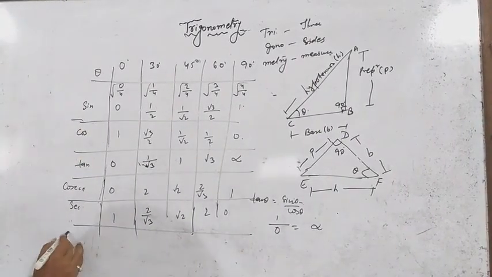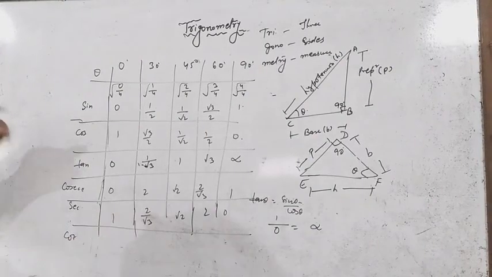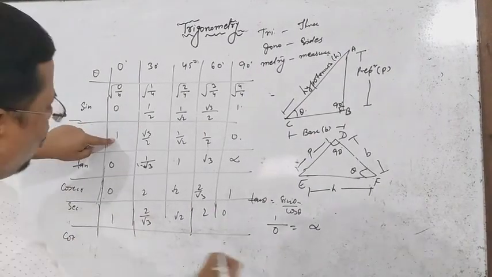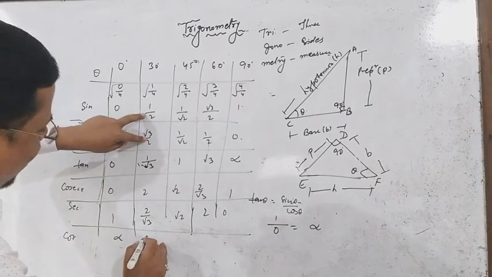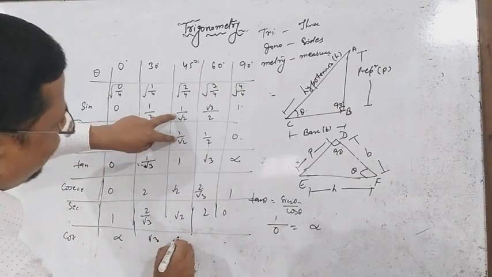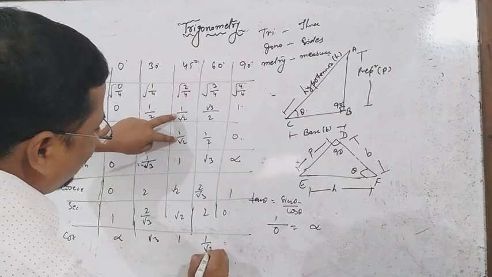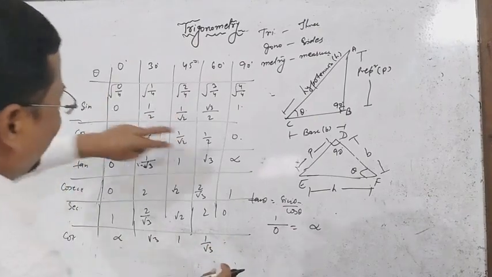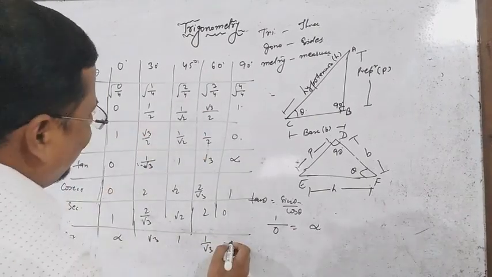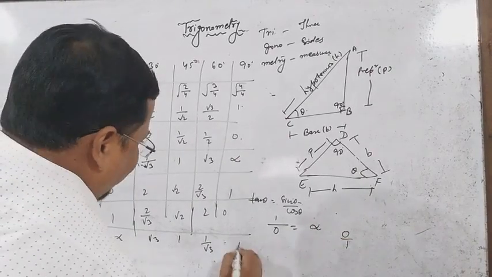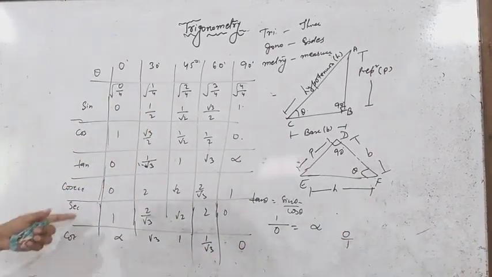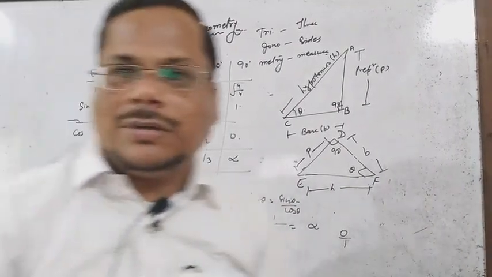Then cot: 1 by 0, that means infinity, then root 3, 1, 1 by root 3, and cos 0 by 1, that means 0. This is the answer.